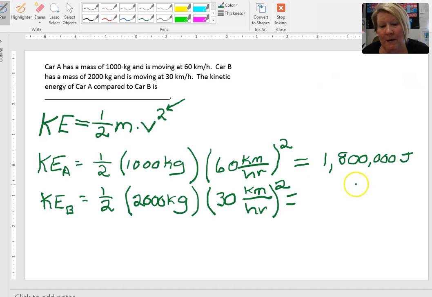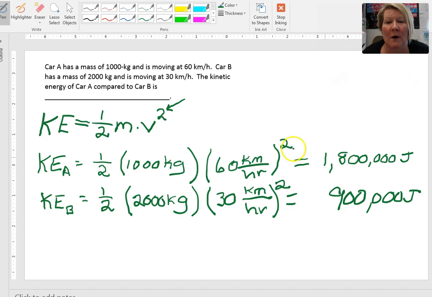Okay, so when we calculate that, we get 900,000 joules. So by doubling the mass from A to B and halving the velocity from A to B, the kinetic energy of car A is 2 times greater than B.